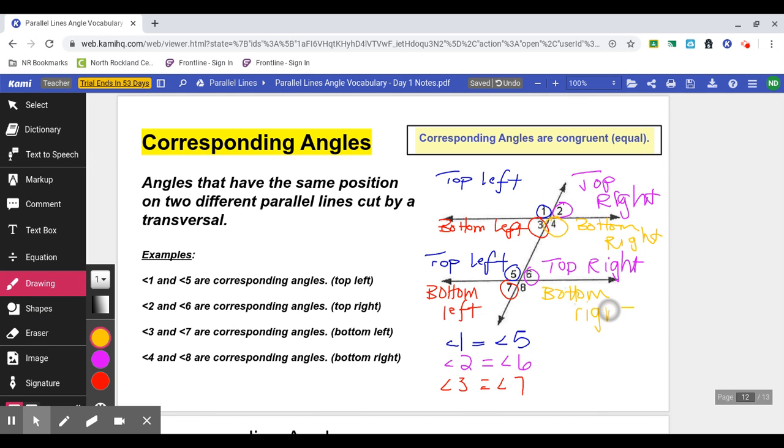Sorry, that was messy. Okay, so angle 4 and angle 8 are in the same position. They're both on the bottom right, just on different lines, making angle 4 and angle 8 corresponding angles, which also means angle 4 is equal to angle 8. Okay, so corresponding angles, they are in the same position, just on two different parallel lines.